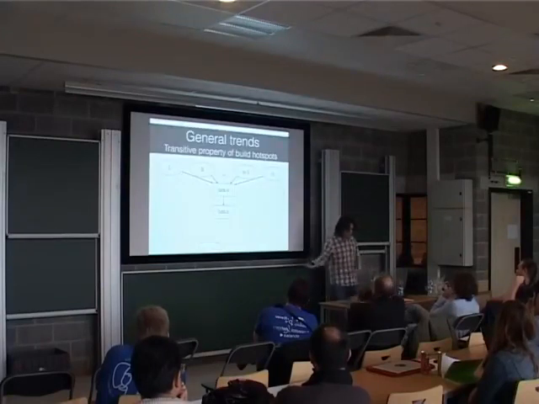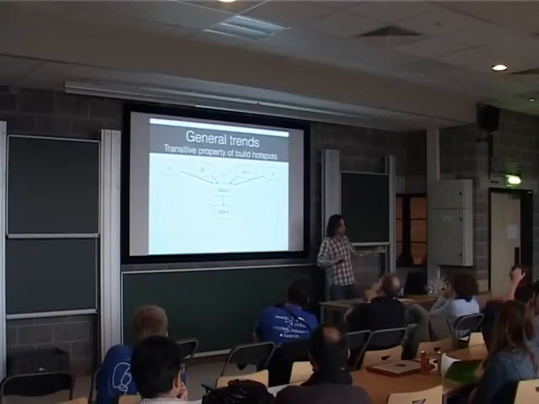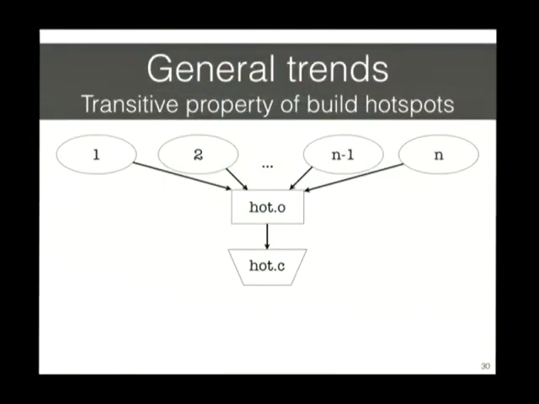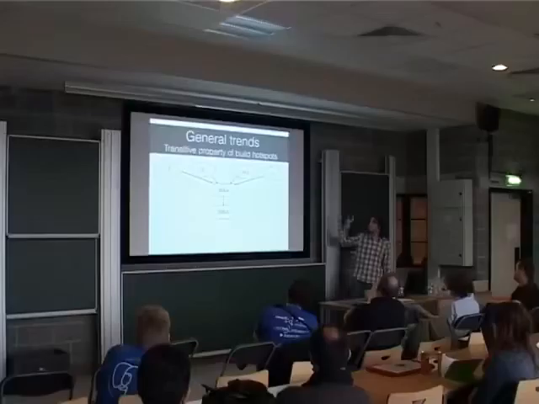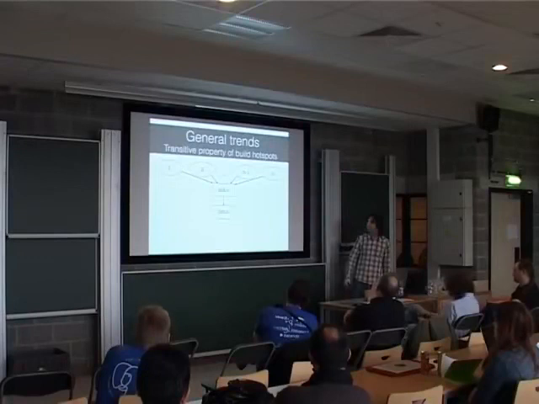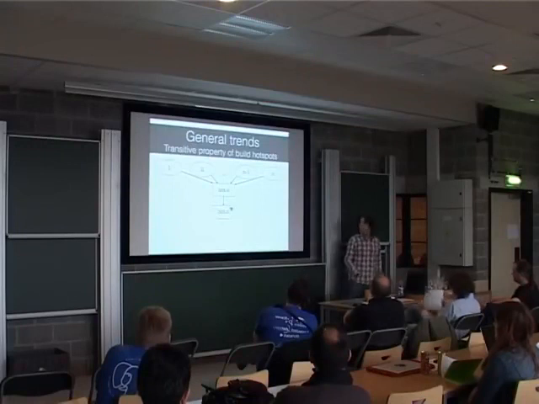So if I shift now to what we learned from doing all of these studies on hotspots, they highlighted this transitive trend for hotspotness, if I could make up a term. Imagine we have an object file that gets linked into a huge list of deliverables, a huge list of DLLs and executables, and this file changes frequently, we would flag it as a hotspot.